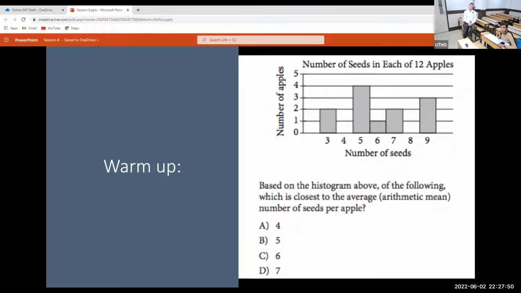Of the following, which is closest to the average number of seeds per apple?